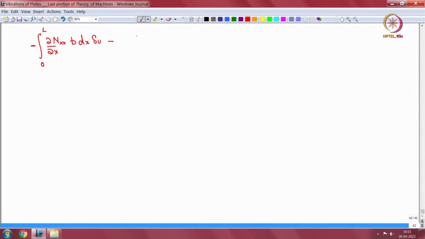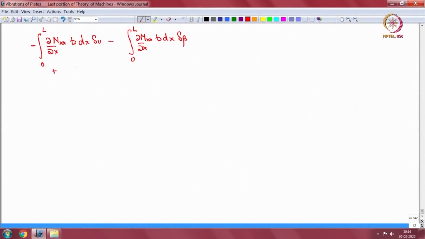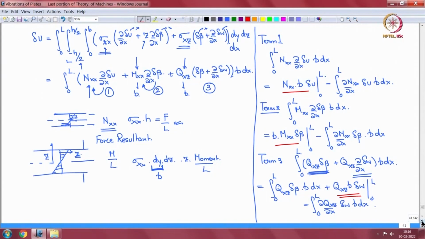minus del mxx del x b dx delta beta, integral 0 to L, and qxz delta beta b dx plus qxz b dx delta beta, and then delta w.